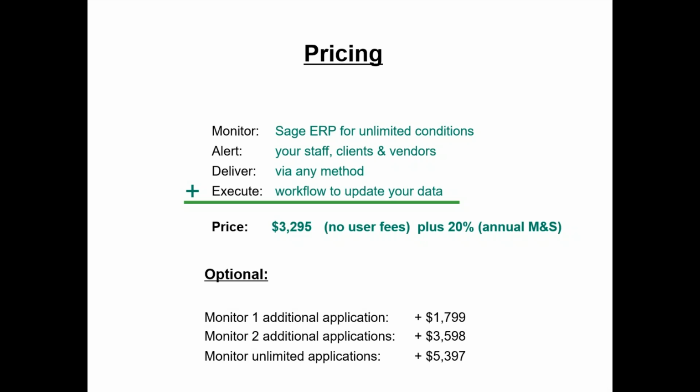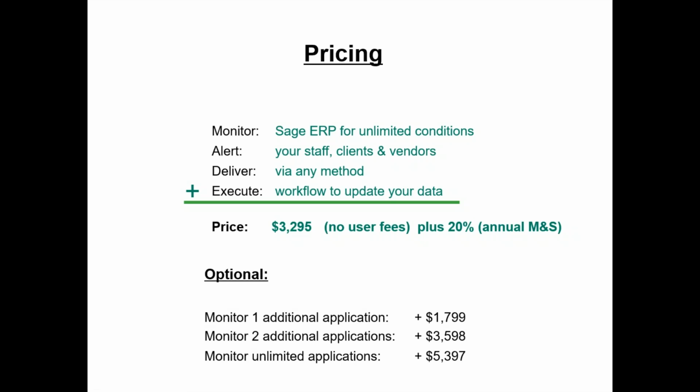Let's make this easy for a start. Let's say that you want to use alerts and workflow to monitor your Sage 100 application for an unlimited number of business conditions. Once again, this includes the 85 pre-configured conditions that ship with the application and your ability to create an unlimited number of additional events.